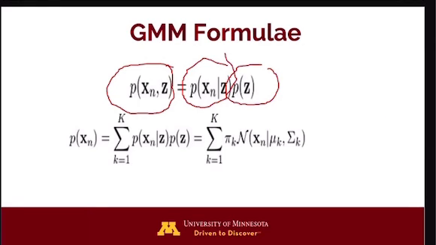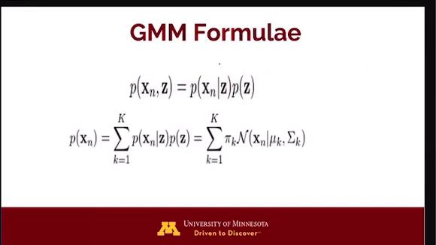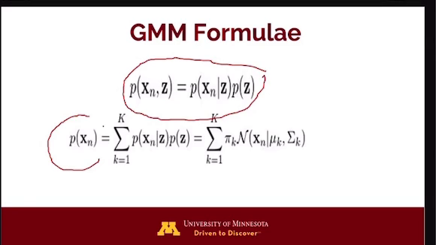Another thing that is of interest, take a look at this from here. If I want to focus on a particular observation, that is what we call marginal probability in probability theory. What am I going to do?